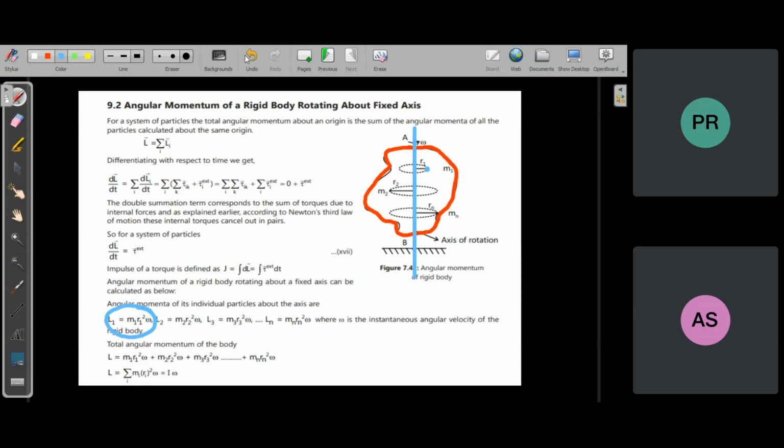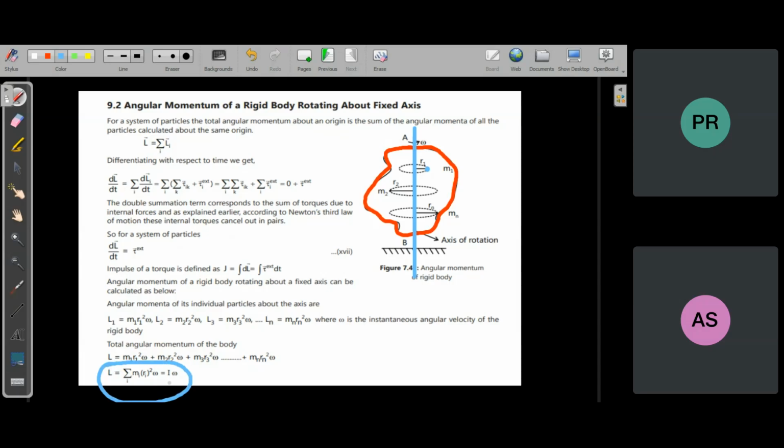Now, if you do the same for all the particles, you will do the summation of mi ri square into omega, because all the particles have the same omega. So if you take omega common, it becomes omega times the summation of mi ri square, and the summation of mi ri square is I. So you get a simple formula: angular momentum L is equal to I omega.